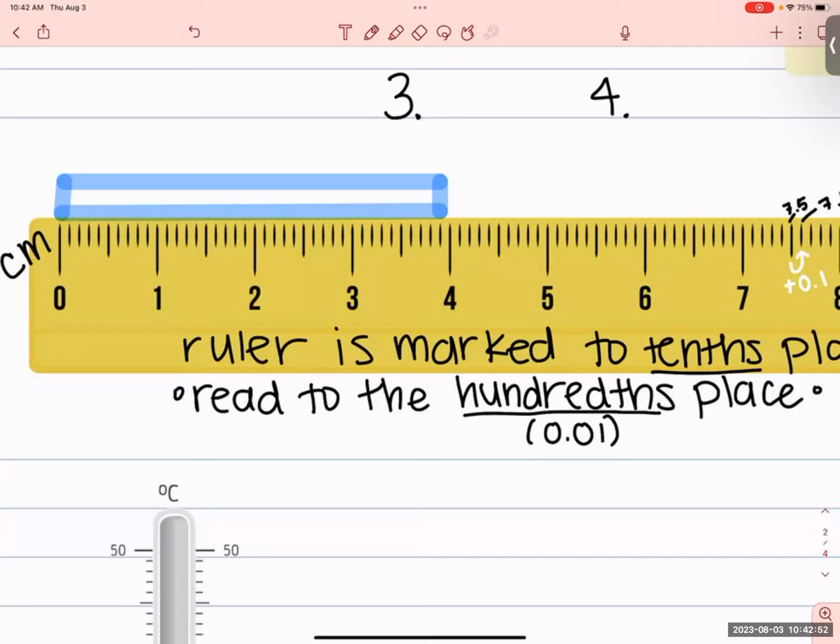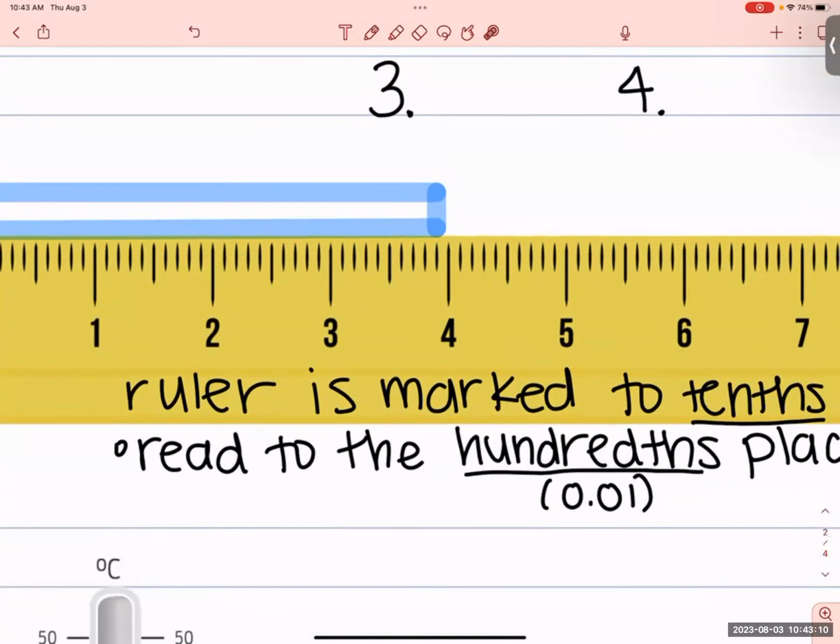Now, I know you're like, oh, we don't know if it's 3 or 4, but what numbers come after this is going to give me that level of uncertainty that's in between those. So we know that it's definitely in the range of 3, maybe right on 4. If we go with the range of 3 here, I also know that it is after 3.9. It's not after 3.8. It's after 3.9.